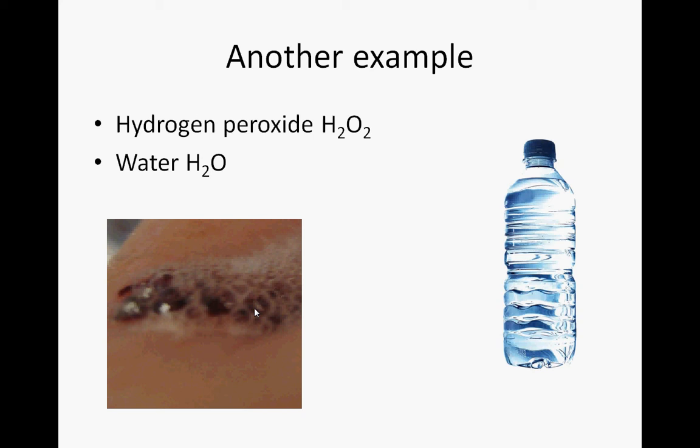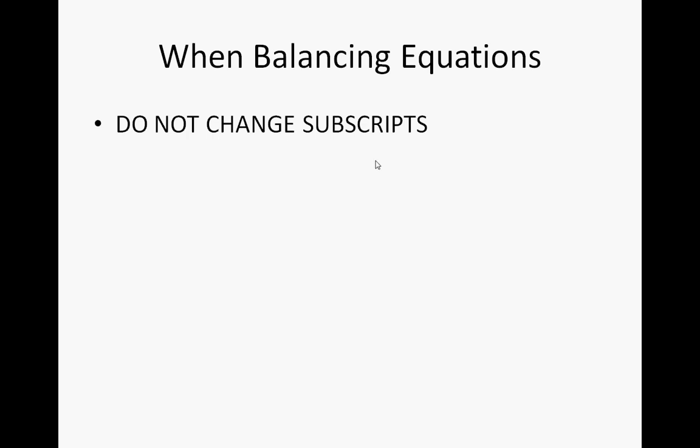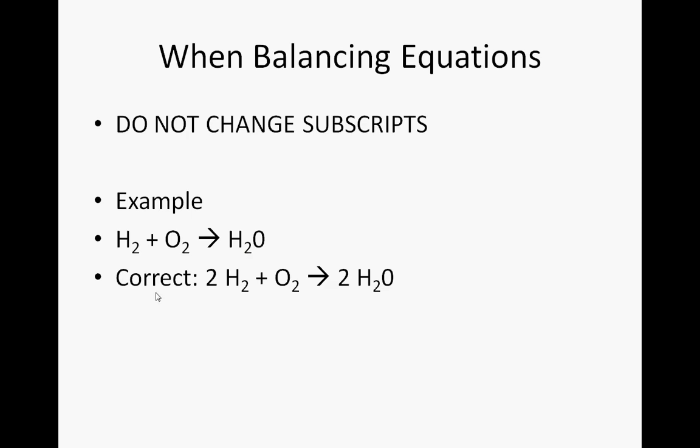So this is a big deal when you're balancing equations, because you cannot change the subscripts. You change the substance. For example, here's one that we've done a lot in class. Hydrogen plus oxygen becomes water. It is correct to put coefficients, these numbers out front.